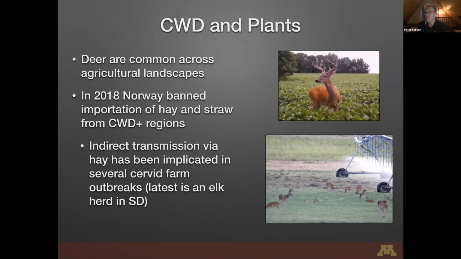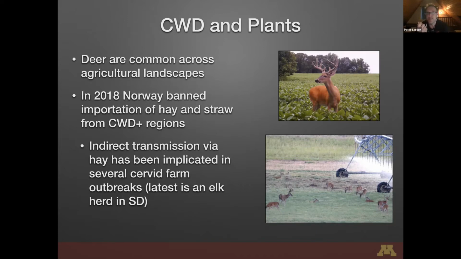So now when hay or straw are imported into Norway, it requires a letter from a vet that states that this material was harvested in an area that was CWD negative, or where CWD hadn't been identified yet. So already right now you have at least one country making a decision about what they're importing, just because of the potential interplay with CWD prions and plants.